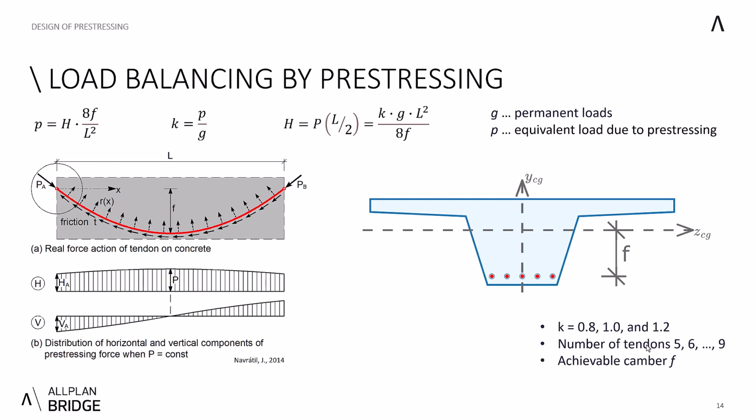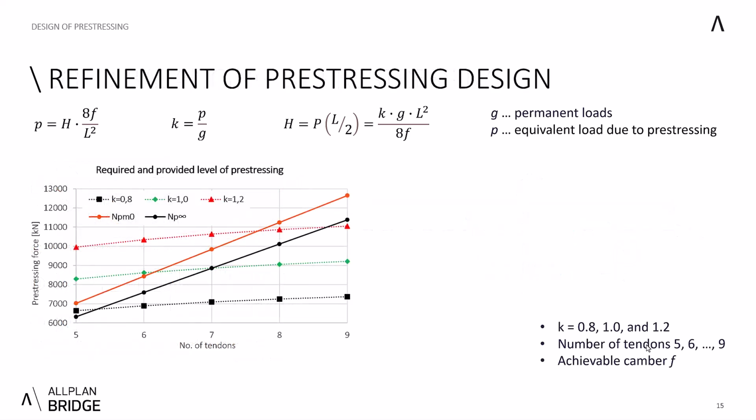For a given number of tendons 5, 6, 7, 8 and 9, the achievable camber F of a parabola was determined depending on the location of tendons. For this camber and the required load balancing level K, the necessary pre-stressing force was determined. It is shown by the dotted lines here.